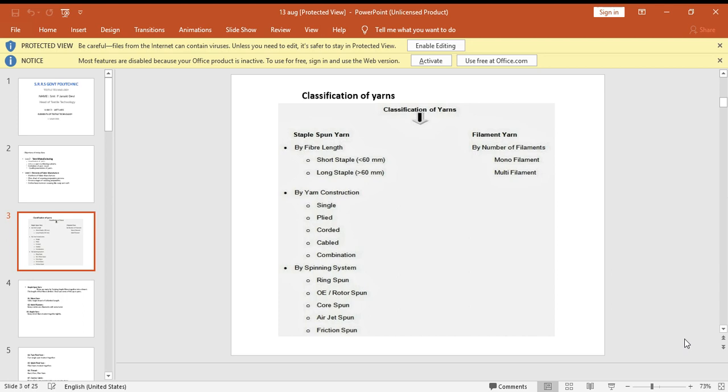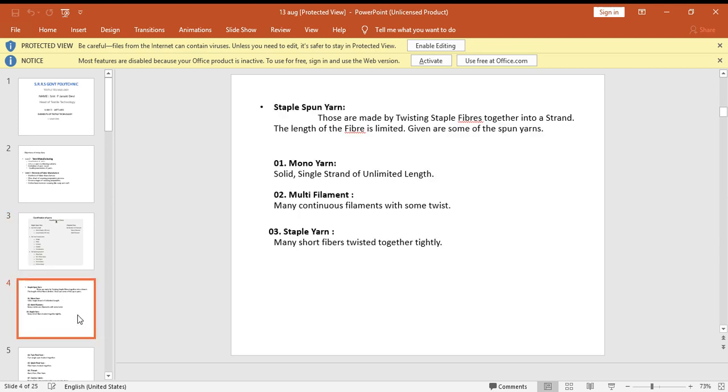By construction, yarn is classified into single, plied, corded, cabled, and combination. By spinning system, yarn is classified into ring spun, rotor spun, core spun, edge spun, friction spun. And filament yarn is classified by the number of filaments into monofilament and multifilament. So this is about classification of yarns, the first objective of today's class.